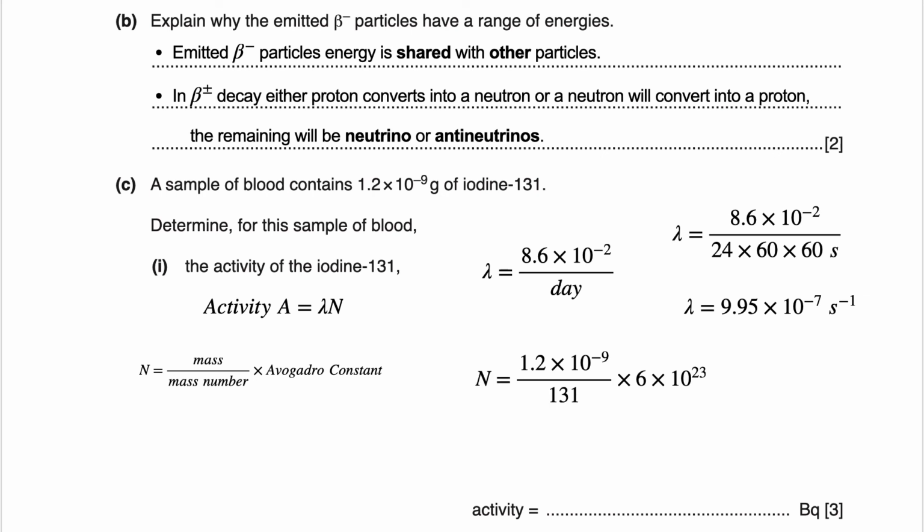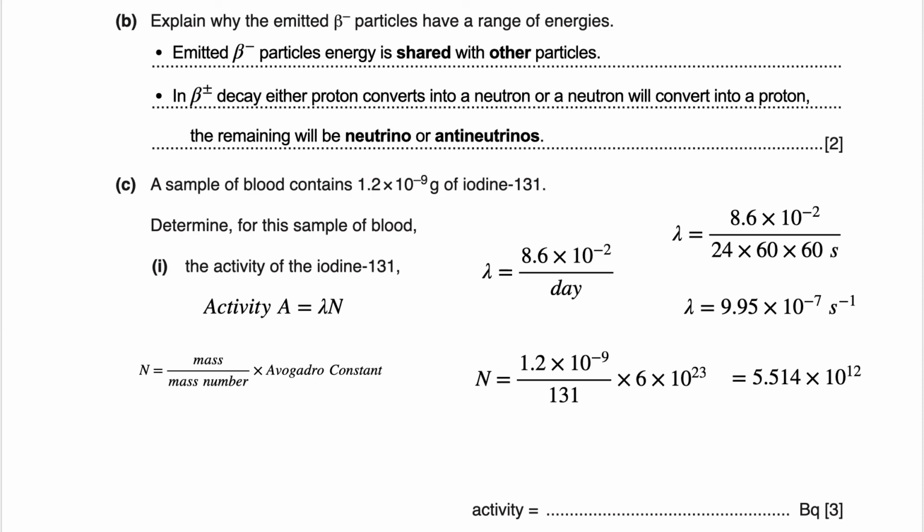If I do this, mass is 1.2 × 10⁻⁹, already given. Mass number is 131, multiplied by Avogadro number, 6 × 10²³. If you do the calculation, use the calculator or do mental math, the answer is 5.514 × 10¹². By the way, if somebody is wondering about the units of lambda and Avogadro number, just place the units and do the dimensional analysis.